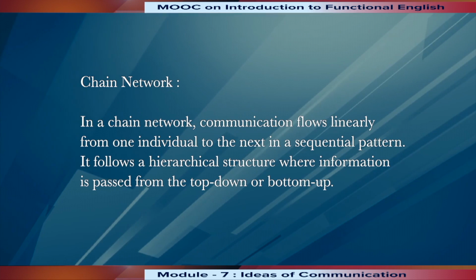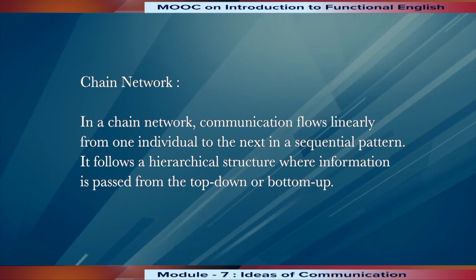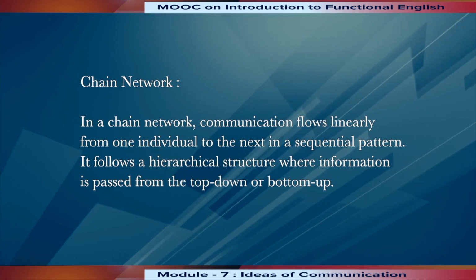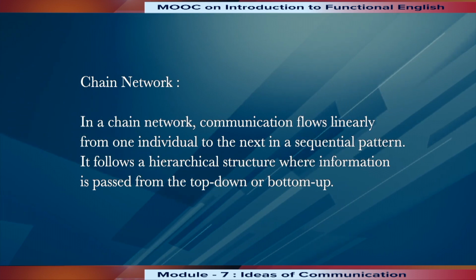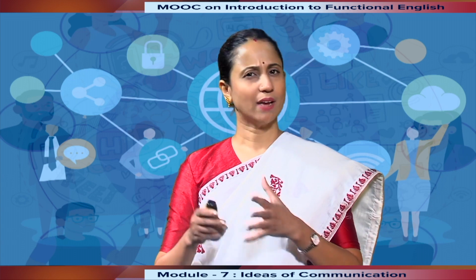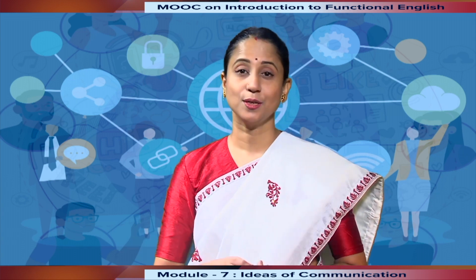In a chain network, communication flows linearly from one individual to the next in a sequential pattern. It follows a hierarchical structure where information is passed from top to bottom or bottom up. This type of network is common in any organization with a formal and centralized structure.